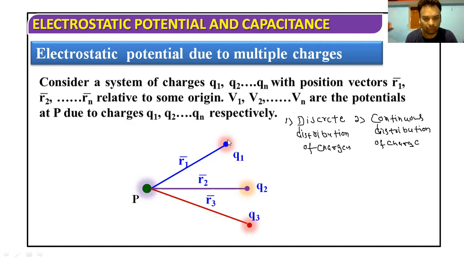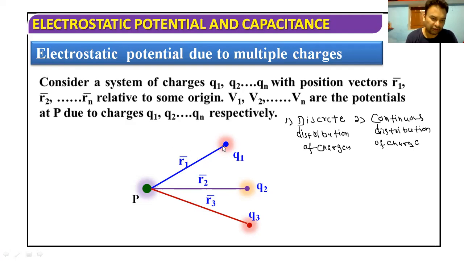So we will find the potential at point P due to Q1, Q2, Q3, and the nth charge. The positions of Q1, Q2, Q3 from P are given.